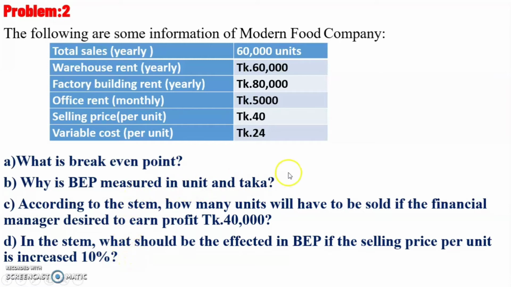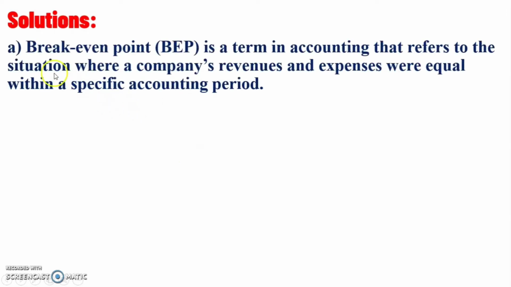Dear students, now we will solve these questions. Solutions. First, we will solve the required number A. What do you mean by the break-even point? The break-even point or BEP is a term in accounting that refers to the situation where a company's revenues and expenses are equal within a specific accounting period.